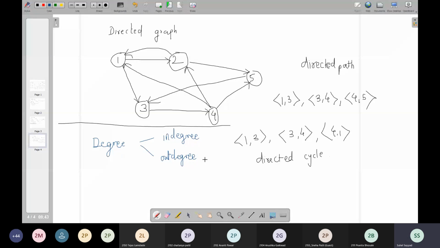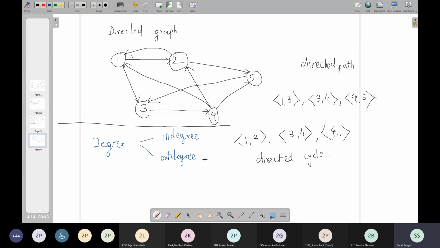So if I am talking about vertex 1, what is in degree for vertex 1? Can anyone tell me? What is in degree for vertex 1? 2.